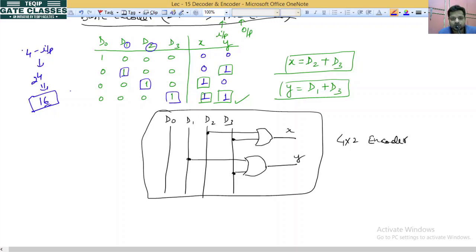And what will be the second drawback? Suppose initially we have XX here and all the inputs are 0. Okay na? All the inputs are 0. So what happened here? In this case, we got XY as 0 0 in two cases. In the first case, when D0 equal to 1, we get 0 0.